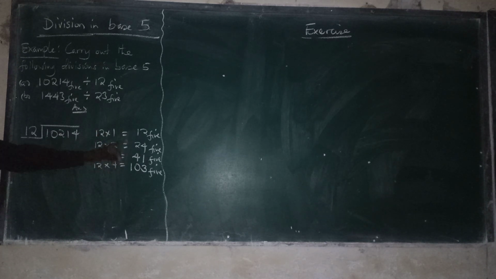It's just checking which number is closer to it, and that is 41, which is 3 times, and we write a 3 here. Then 3 times 12 is 41, so we write 41 here.